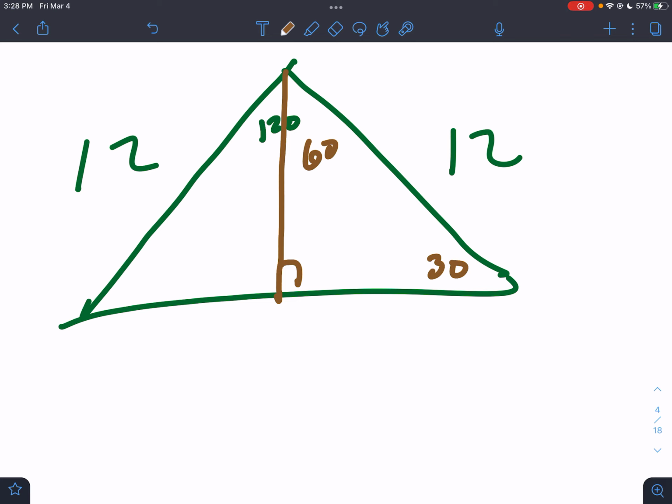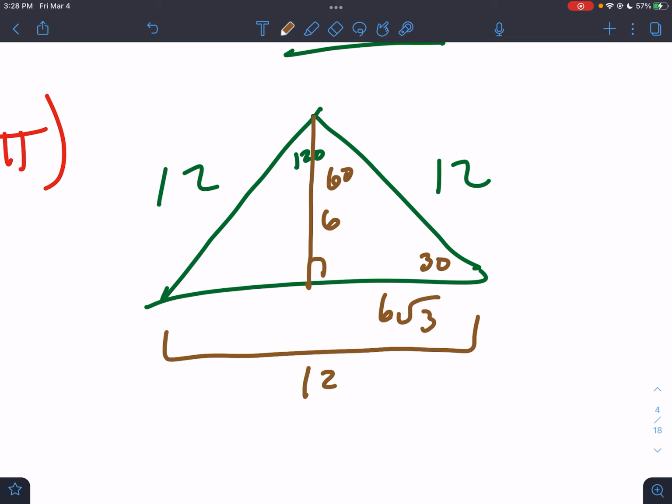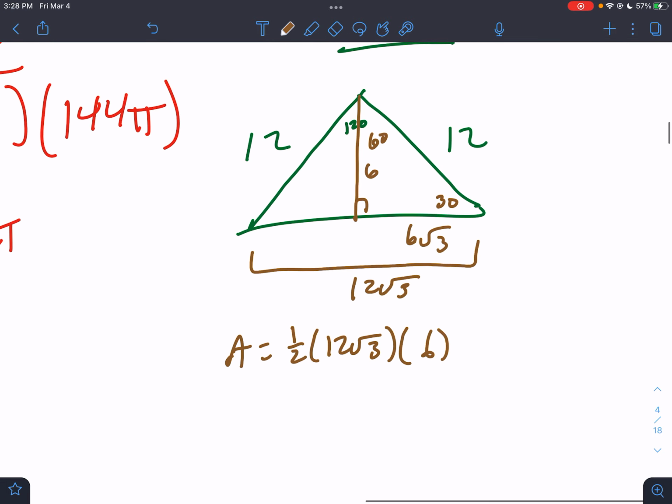Across from the 30 would be 6, and across from the 60 would be 6 root 3, which means the entire base is 12 root 3. So the area of the triangle is 1/2 times 12 root 3 times 6, which is 36 root 3.